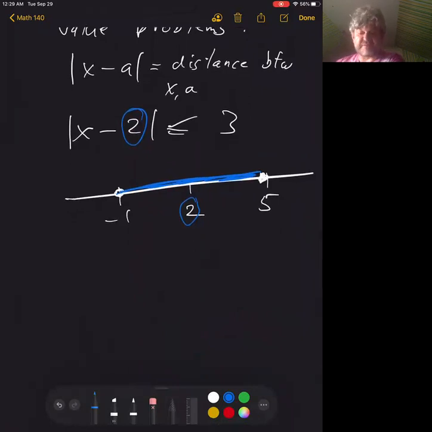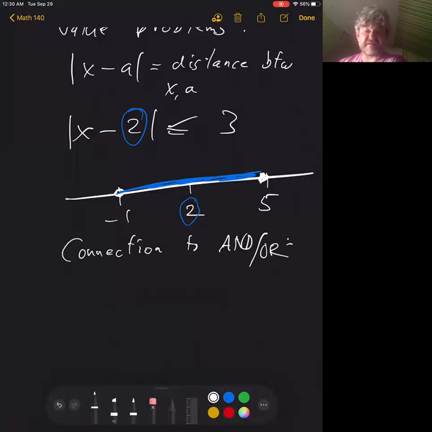So last bit, I want to make the connection to and or problems. And that has to do with the definition of the absolute value. So in the above example, if x is greater or equal to 2, then the absolute value of x minus 2 is just x minus 2.